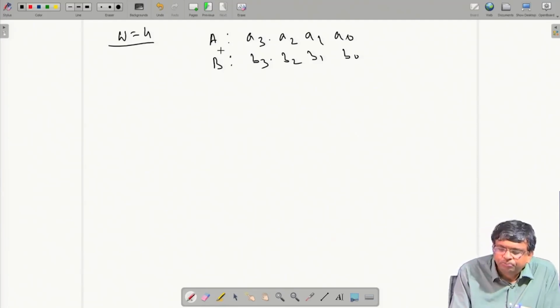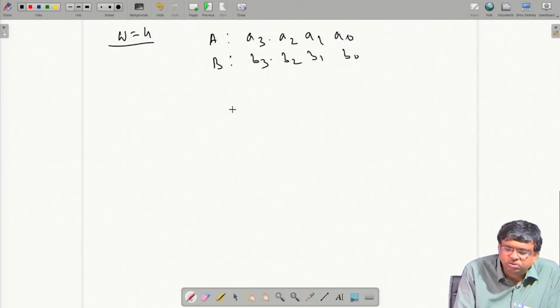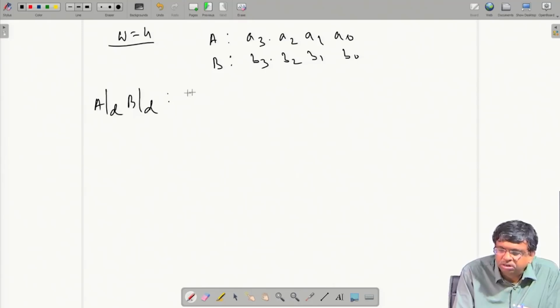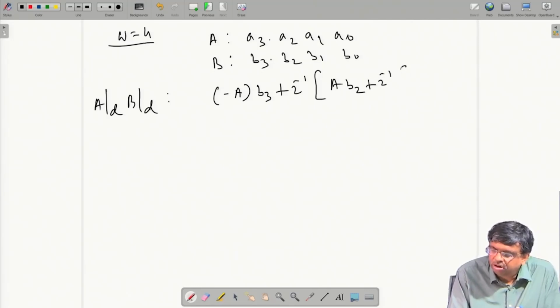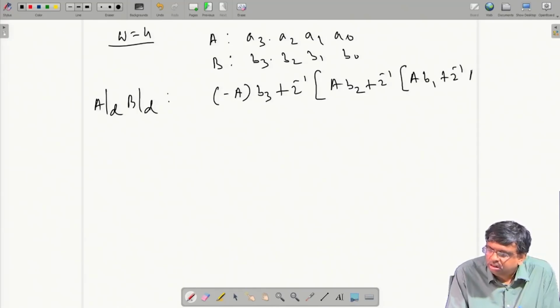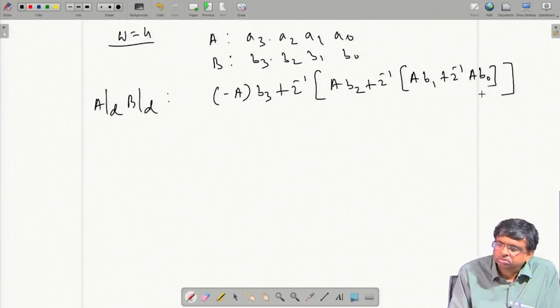All right. Now, I simply apply Horner's rule here for this example. So, A by D times B by D, this product will be what? Minus A times B3 plus 2 inverse A times B2 plus 2 inverse A times B1 plus 2 inverse A times B0. Okay, this is what I have.